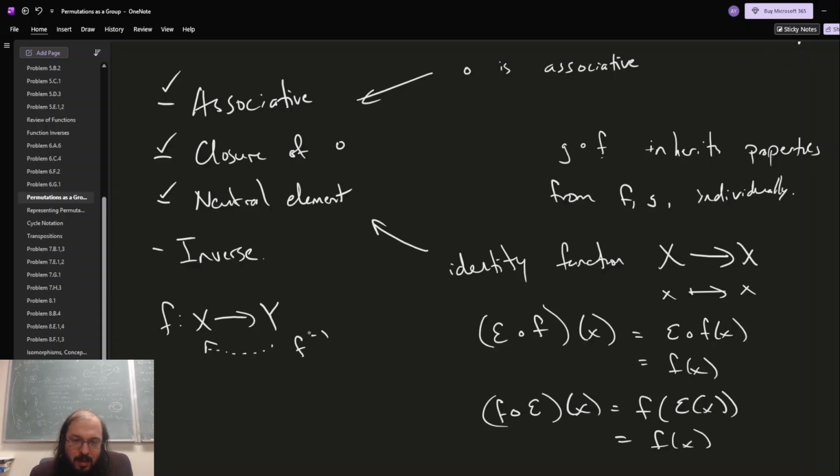And we talked at great length about why bijectivity is required and how this function is constructed previously. So all we have to do here is see that in the special case where y is equal to x, all those comments are still true. So whatever the function is, you think of this as some sort of self-rearrangement. f inverse just puts these elements back. So we're done. That makes this a group.